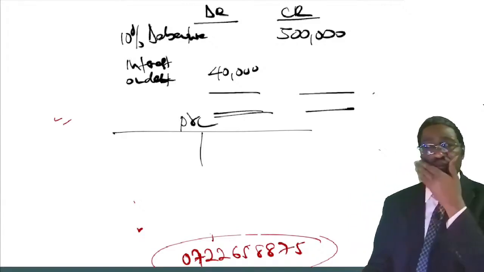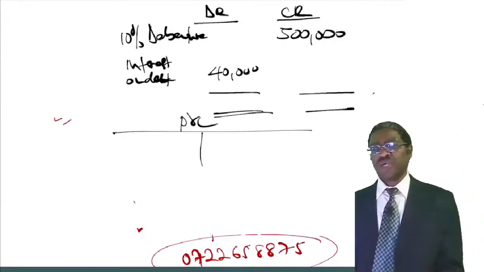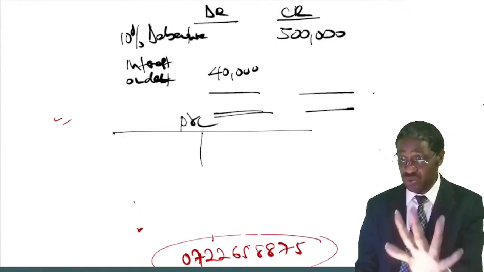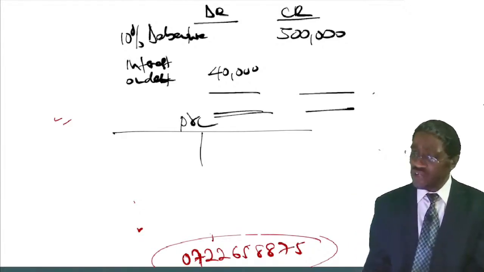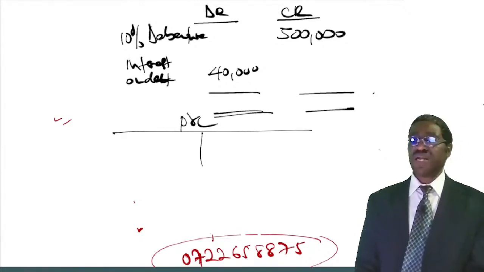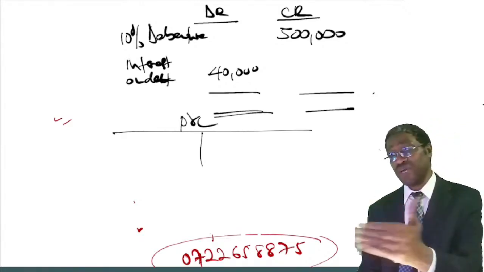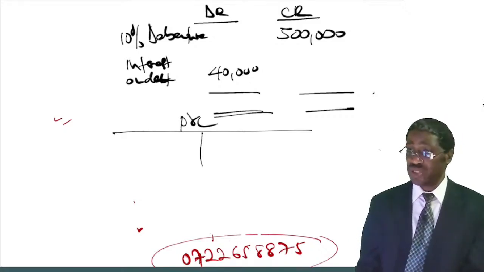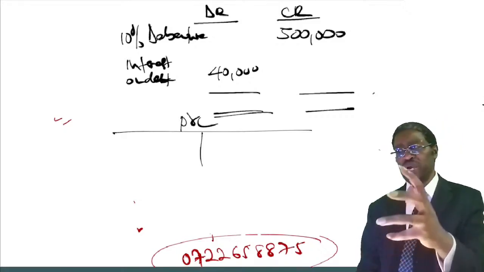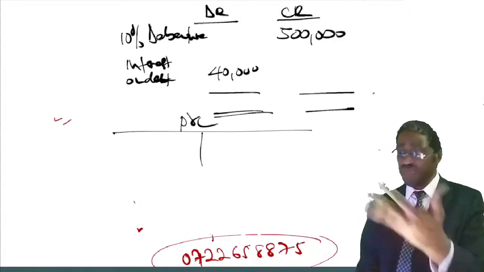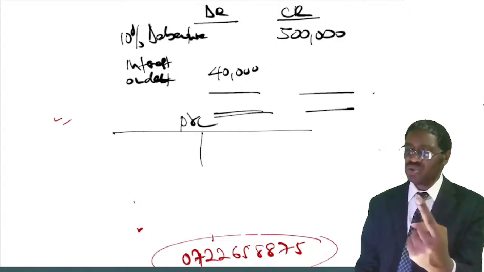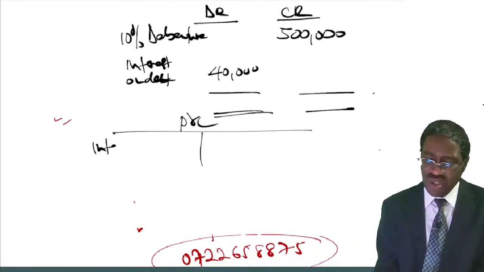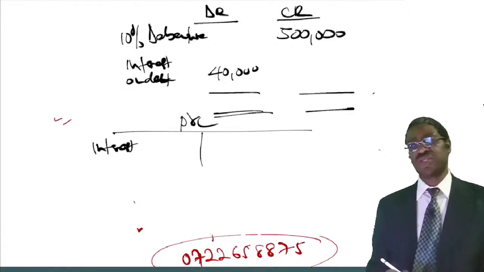Listen. So remind me, whenever you are given a trial balance of this nature, now from an accounting point of view, in that trial balance there is a 10% debenture amounting to 500, and interest on debenture amounting to 40. Then the question tells you to prepare A, an income statement, and B, a balance sheet. My question to you is this. In the P&L account, how much would you charge as interest?